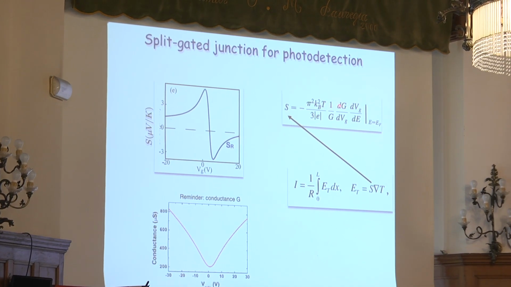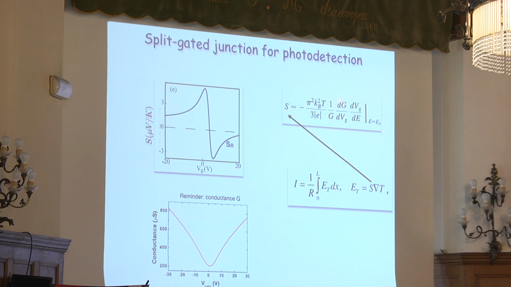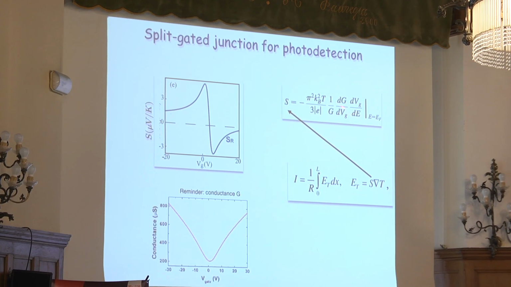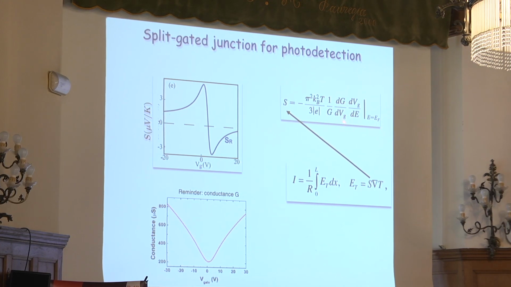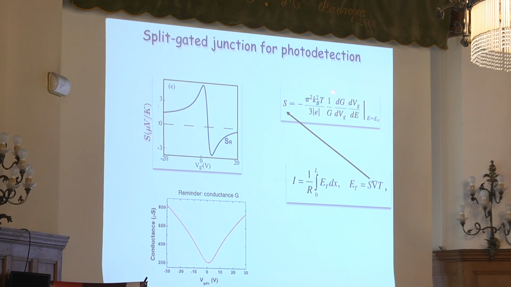Then G is the conductivity of the system, and what you need is the derivative of the conductivity with respect to the Fermi energy. But I can also just write it as a derivative of the conductivity with respect to the gate voltage, which changes the Fermi energy. Why do I do that? Because then I can look at a simple conductivity measurement.